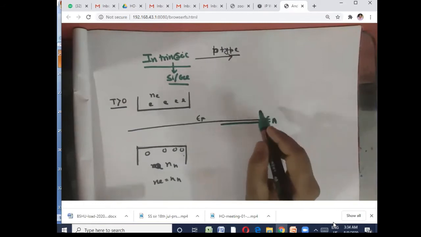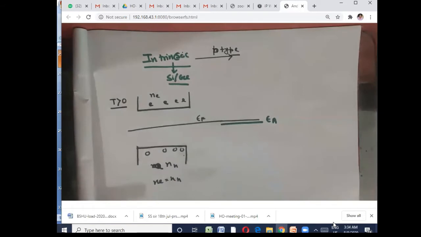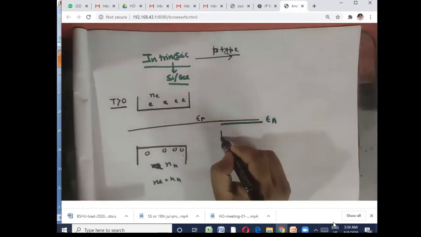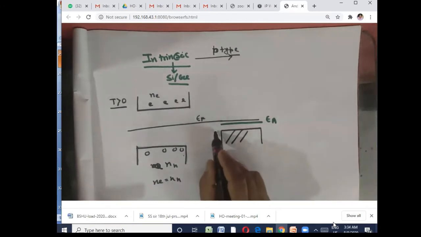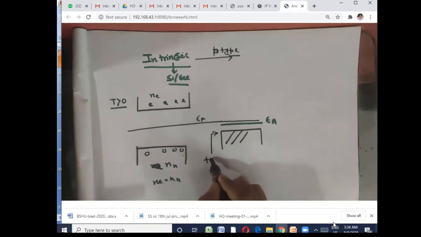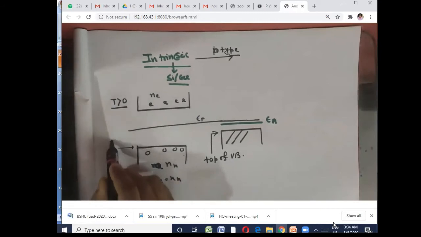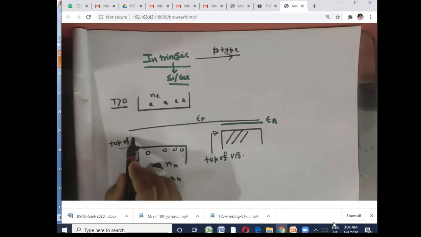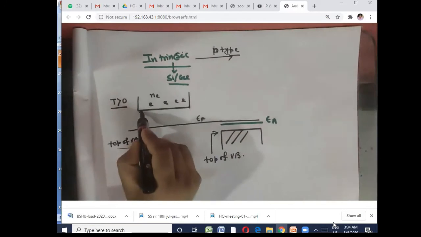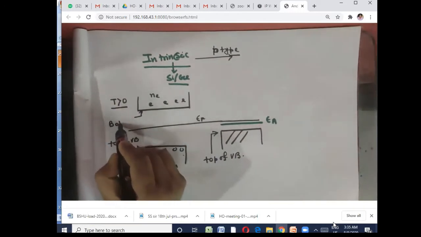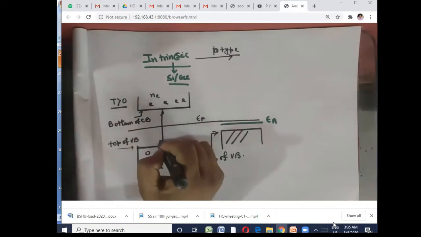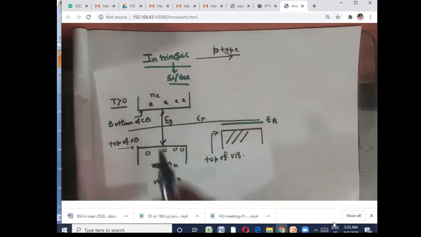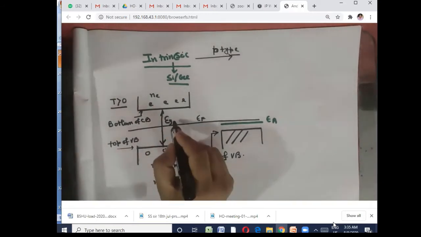And obviously this is going to be close to the top of the valence band. This is the top of the valence band, this is the bottom of the conduction band, and the energy gap between them is the band gap, Eg.